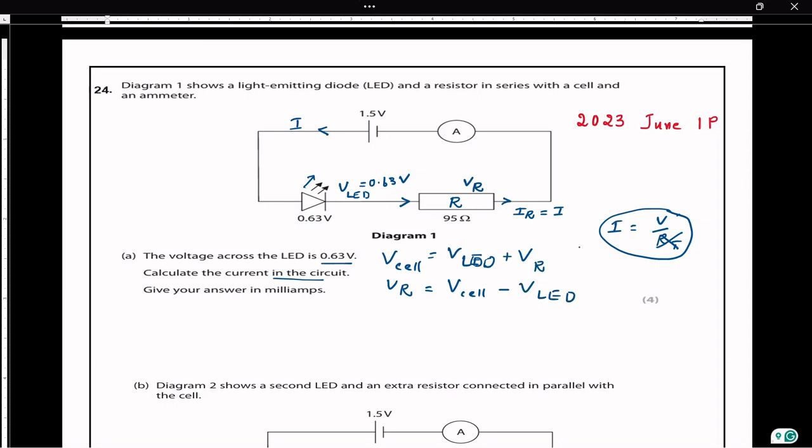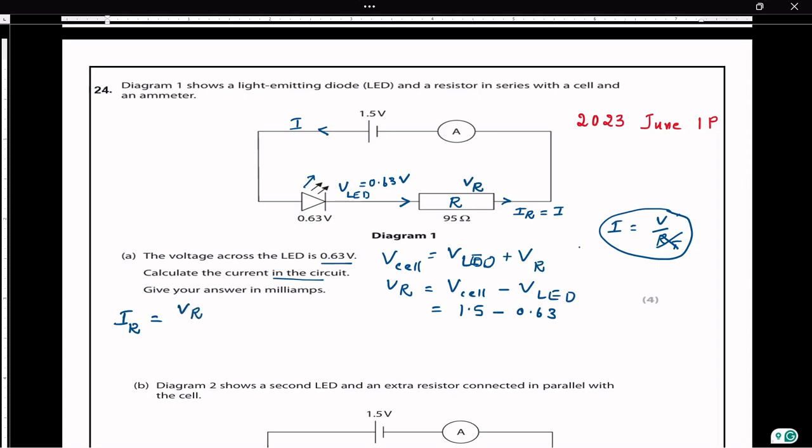So let us use that value here to calculate the current. It is equal to 1.5 minus 0.63.